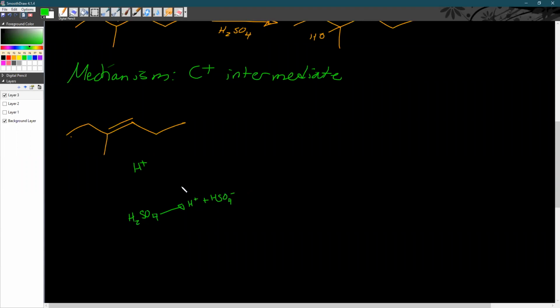Now, sometimes your teachers might draw this as coming from a water molecule. It comes from a couple of different places. But for all intents and purposes, all that we care about is that this double bond is reaching out and grabbing a hydrogen from some source.